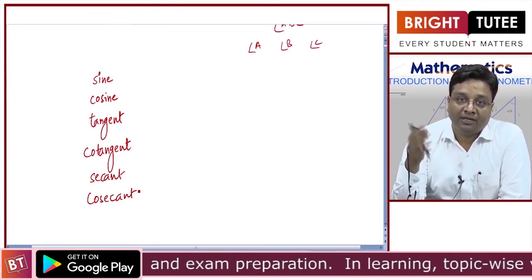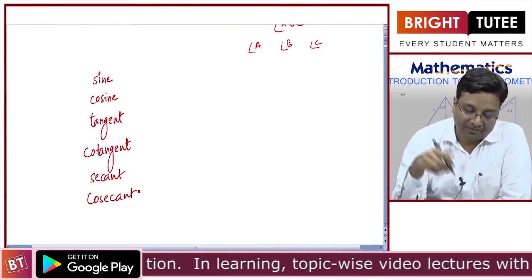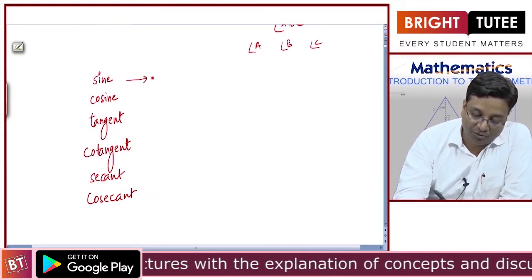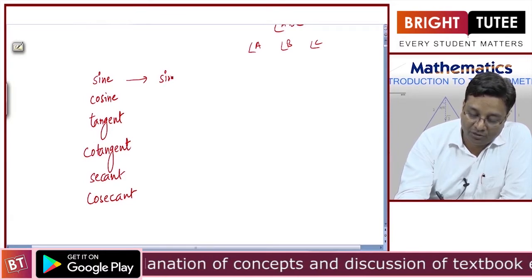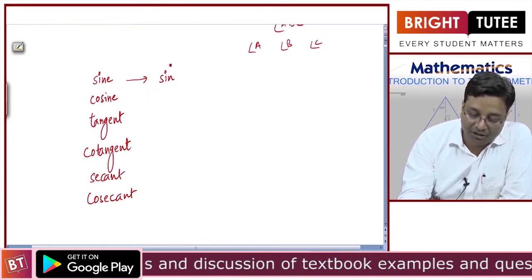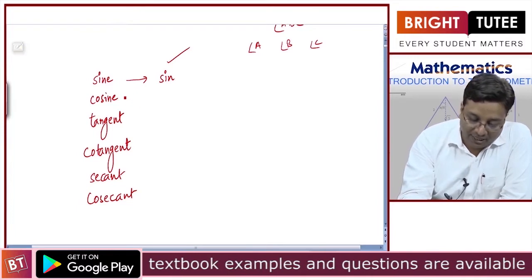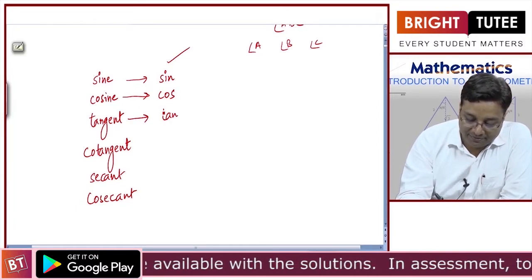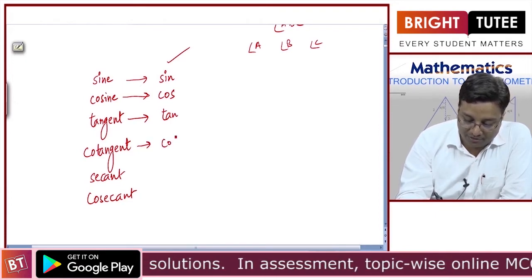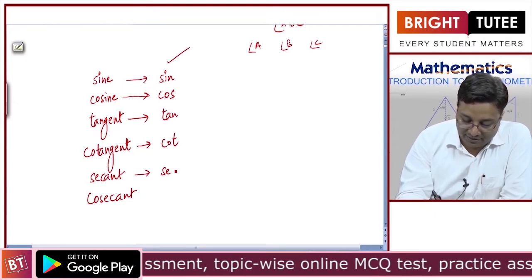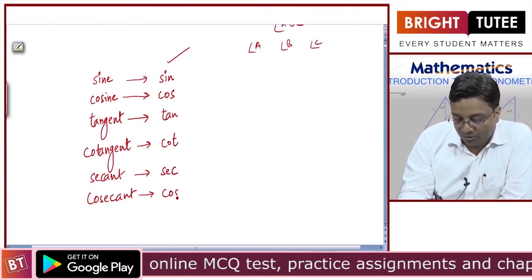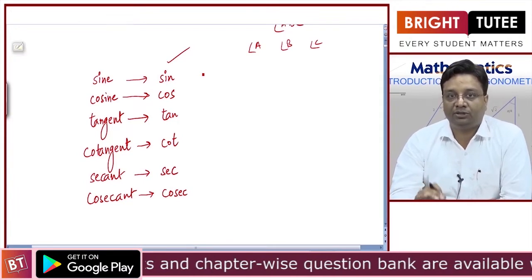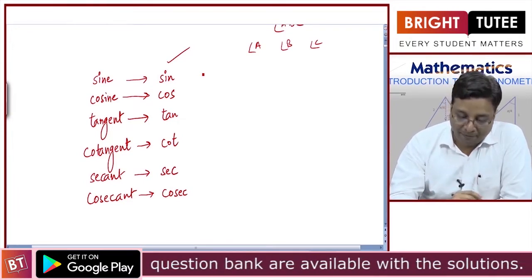You have to keep these in your mind always. So there are shorter forms of these names also. Sine in short form, in abbreviated form, is also called sin. We'll be using mostly these abbreviated forms. Cosine is known as cos. This is called tan. This is cot. This is sec. And this is cosec. Right? So these are the 6 trigonometric ratios which we will be dealing with.